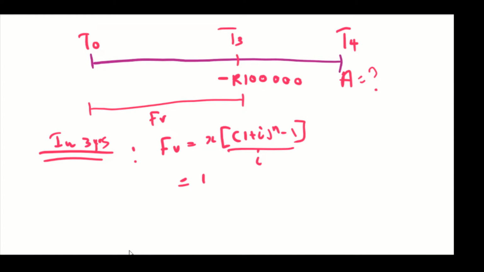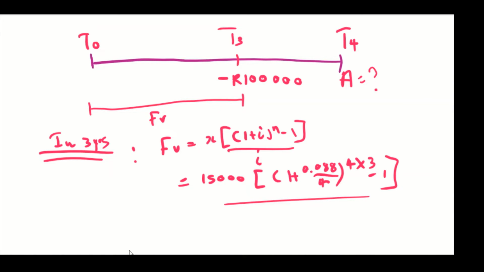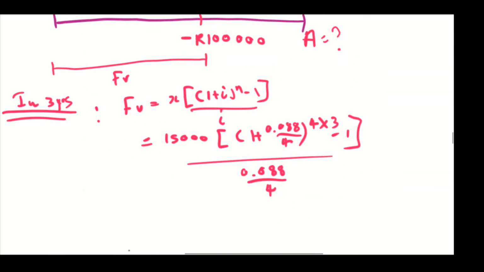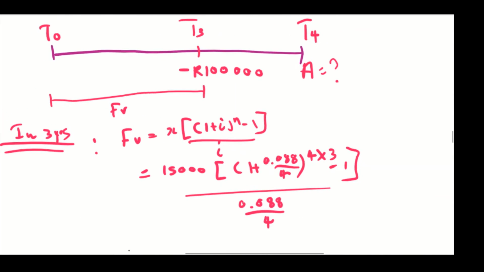So the investment is 15,000 rand into 1 plus 0.088 over 4, because it's quarterly, so it's 4 times 3 years, minus 1, over 0.088 over 4.